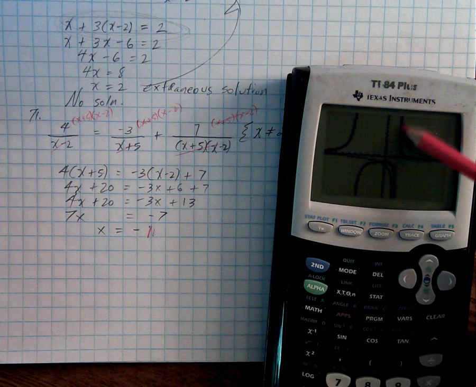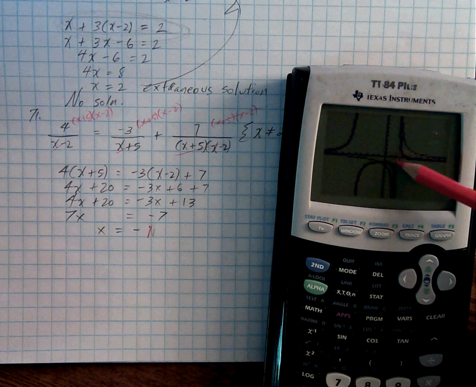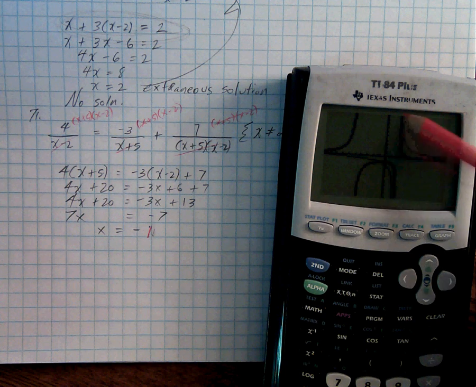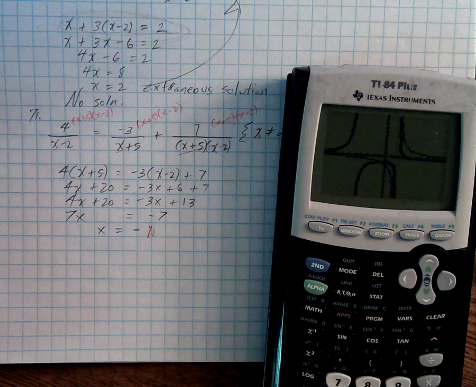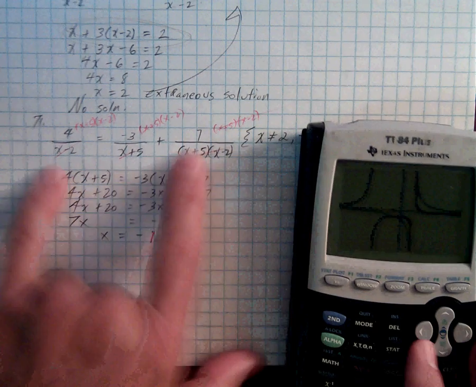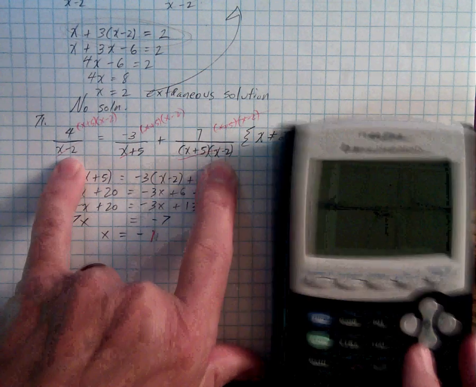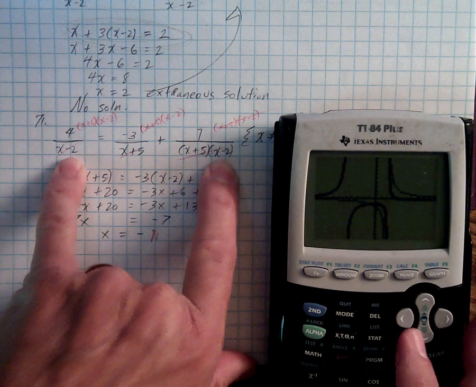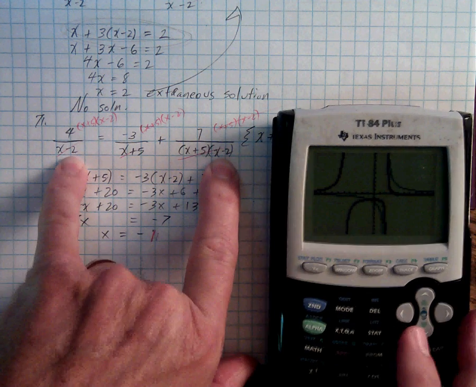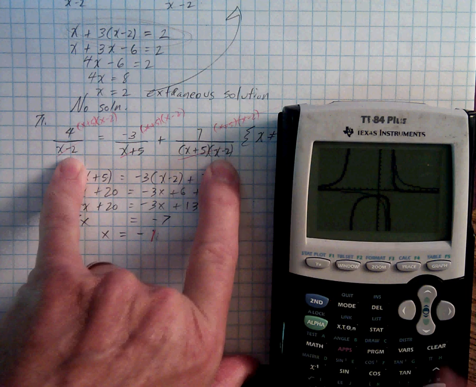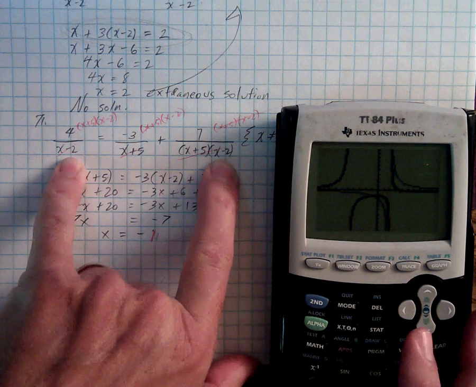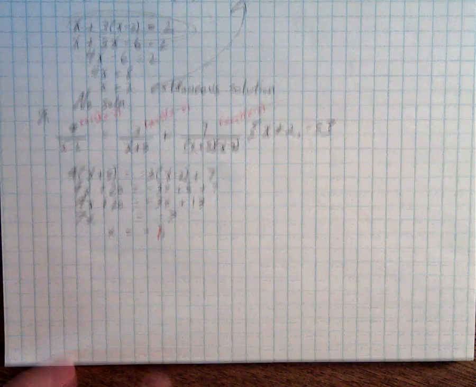Right here it looks like they cross, but again I believe that's the asymptote that they're both approaching at 2. So they can't cross there. Since both sides have an x minus 2 in the denominator, they both share that vertical asymptote, that wall at 2.